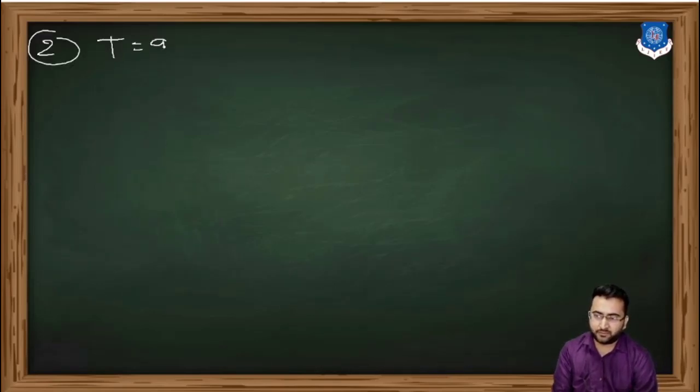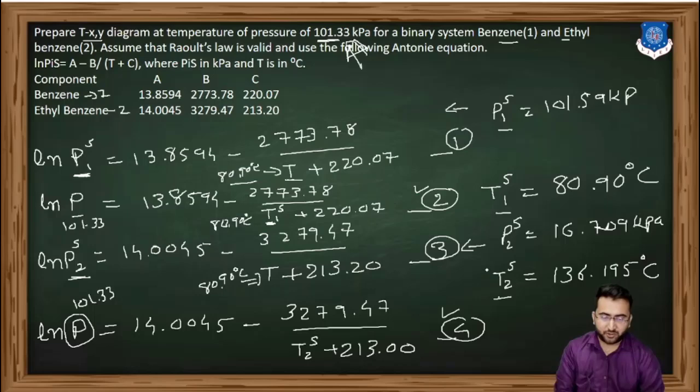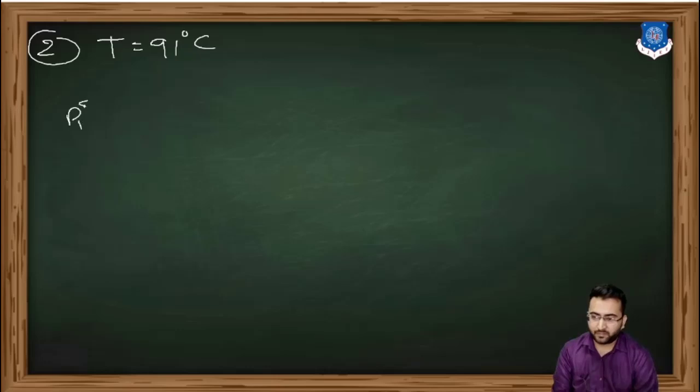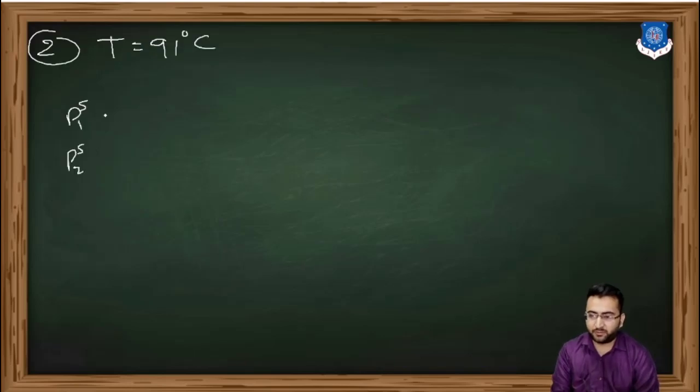For T equal to 91 degrees Celsius, first we have to find P1 saturated and P2 saturated by replacing T with 91 degrees Celsius. Replacing T in the first Antoine equation gives P1 saturated, and replacing the temperature in equation number 3 gives P2 saturated.